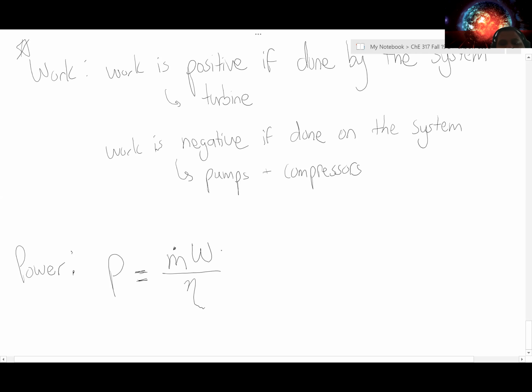So in most cases, this will be negative in the energy balance. And I will say, don't make it negative here.